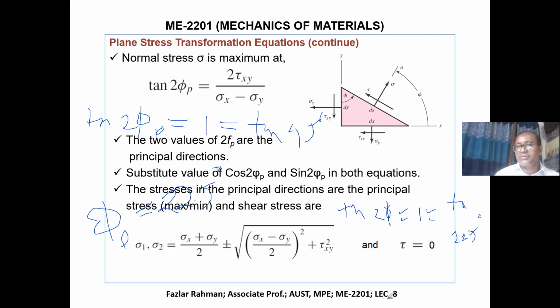Both are right. So from here, 2 phi equals 225, so phi will be 112.5. I'm sorry, 112.5.